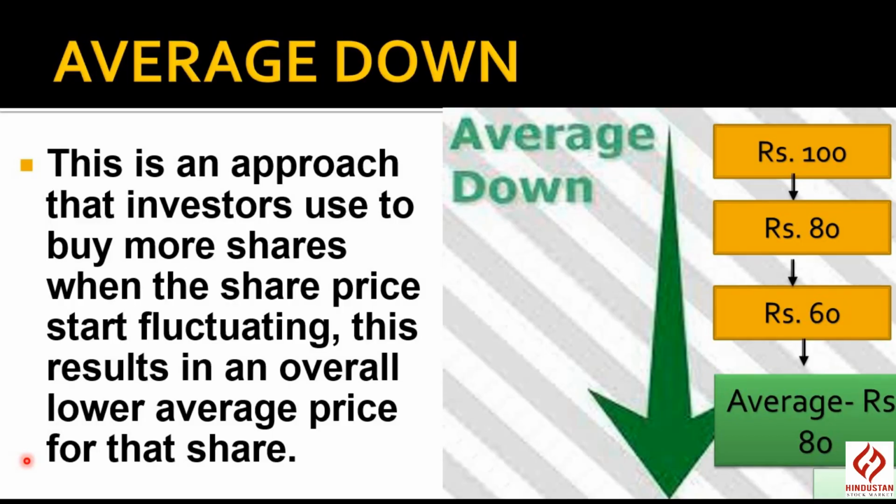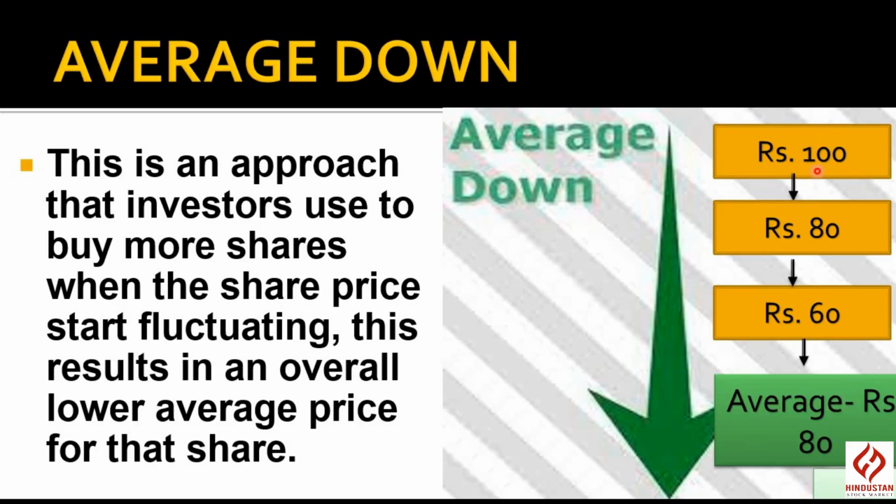So let's say you bought 10 shares at 100 rupees, and after a few days prices of the stock fell, and you bought the stocks again at 80 rupees, right? And the prices again kept on falling. After a few days, you again bought the stocks of that company at 60 rupees, right? So here your average buying price will be 80 rupees.